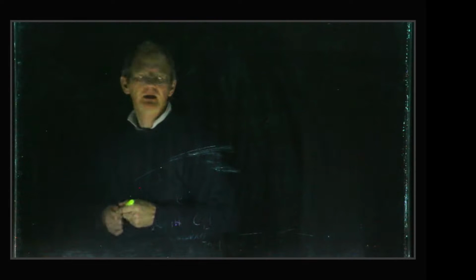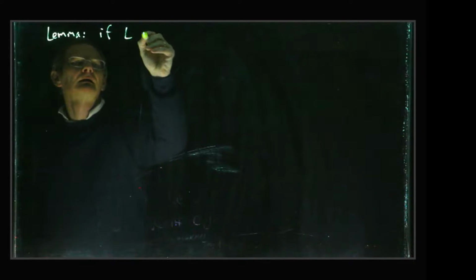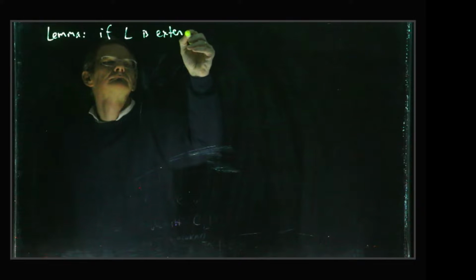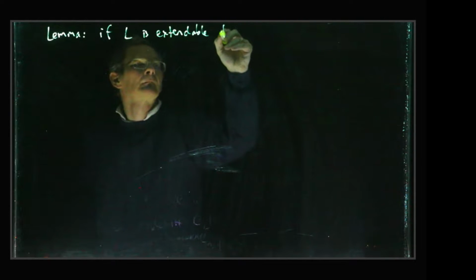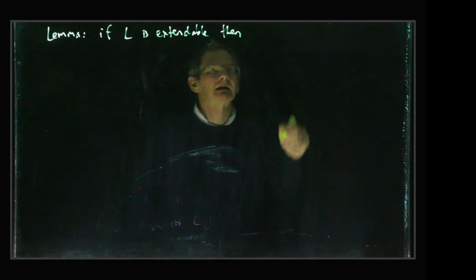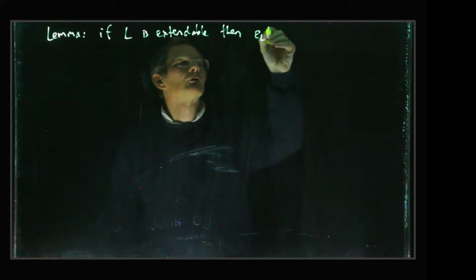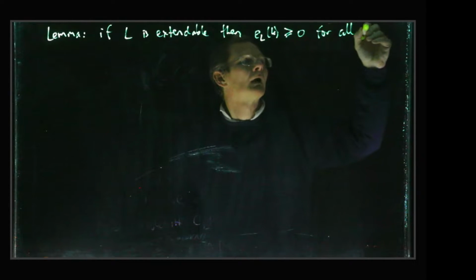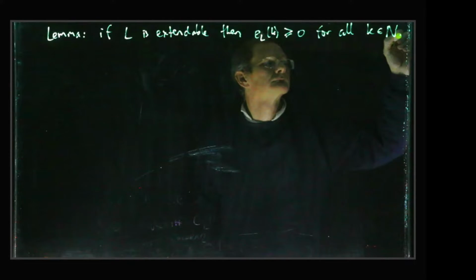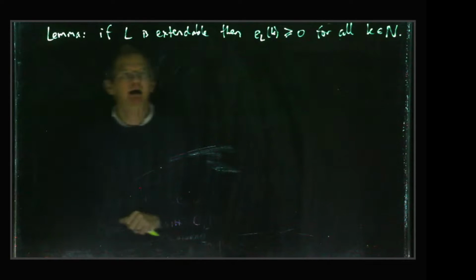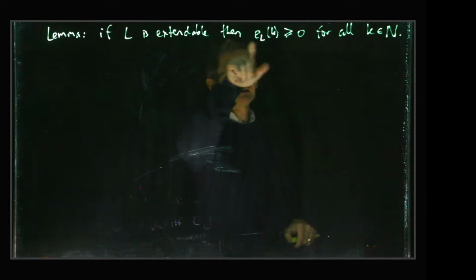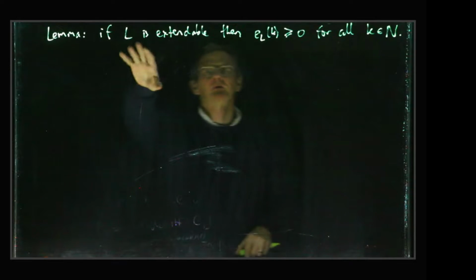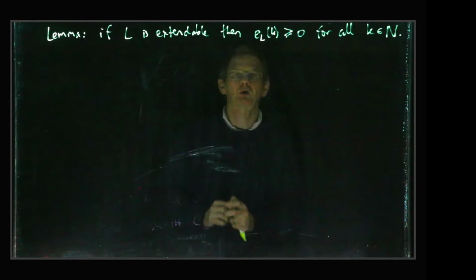Okay, let's prove the easy direction as a separate lemma. If L is extendable, then E_L(K) is greater than or equal to 0 for all K in N. It's the usual way around: we've got this numerical criterion, and then a criterion for existence of some complicated combinatorial object.